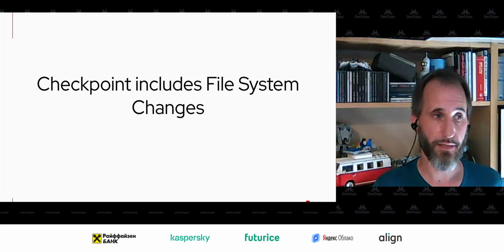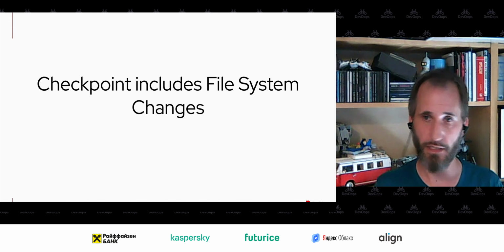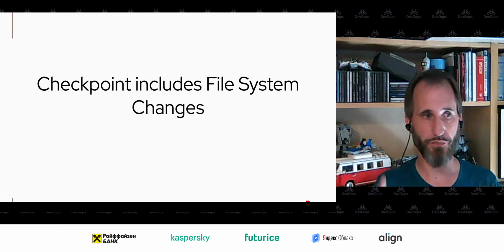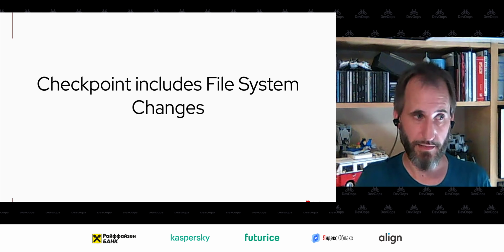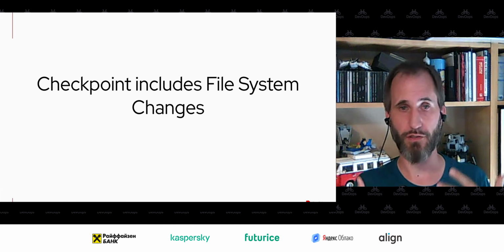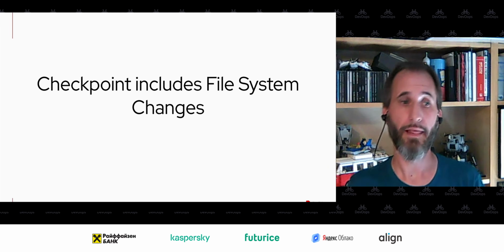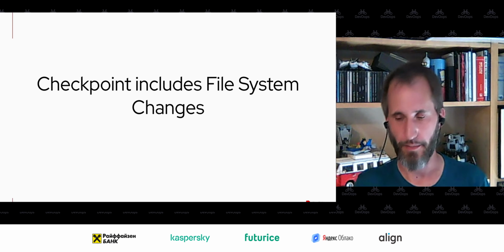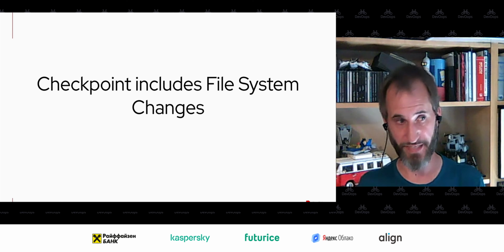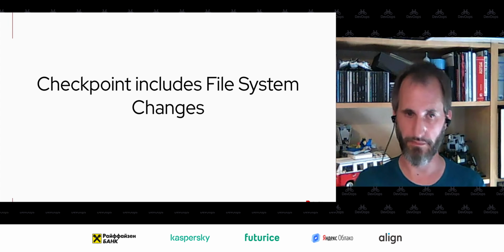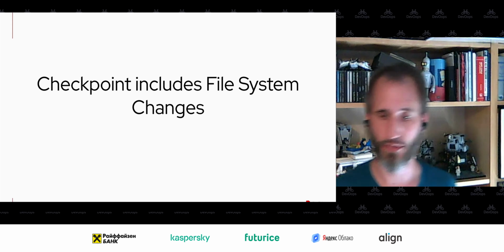And the interesting thing for the checkpoint archive, it includes file system changes. So if your container changes something on its file system, these changes are also exported to the container checkpoint archive. And if you then restore the container on another system, Podman will try to pull the container from a registry, then apply the file system changes, and then restore the container.